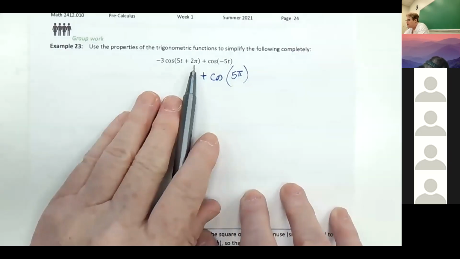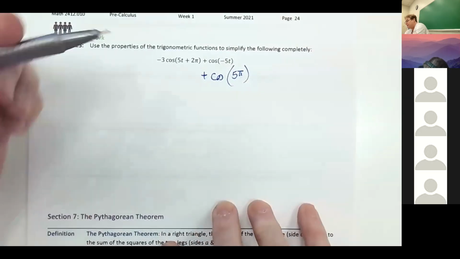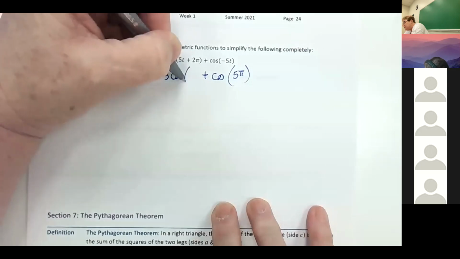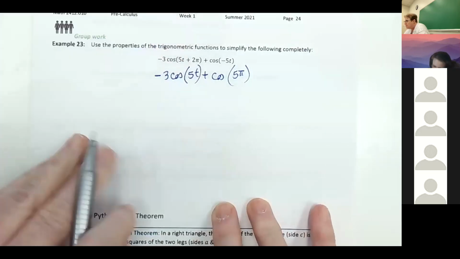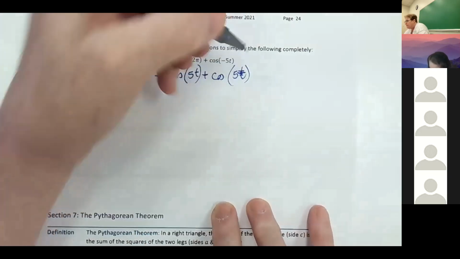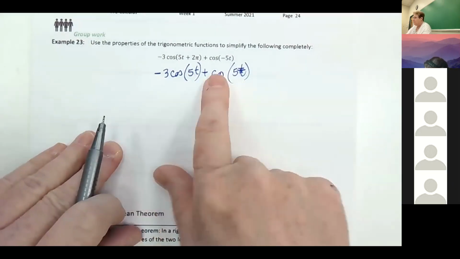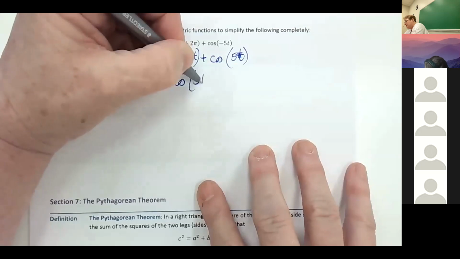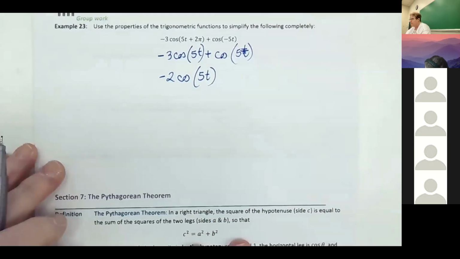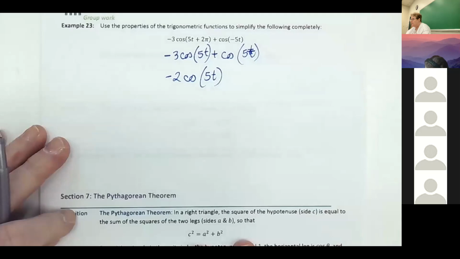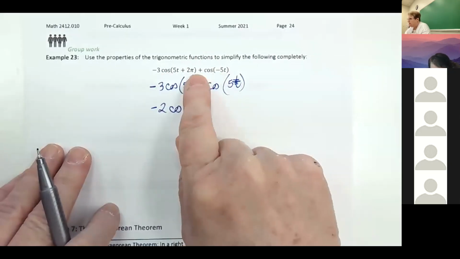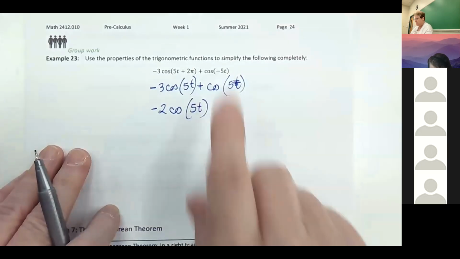So what can I do with this 2 pi? Good. So the first term becomes negative 3 times the cosine of 5t. Good. We've got negative 3 plus 1, so negative 2 cosine of 5t. So we're looking at even and odd and period to simplify and make them look the same.